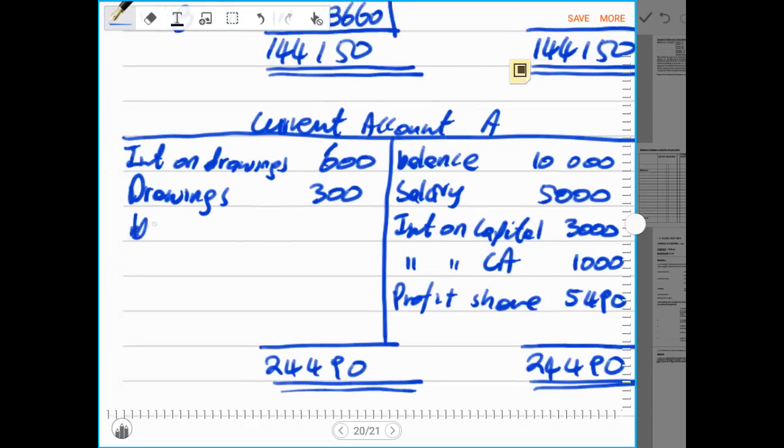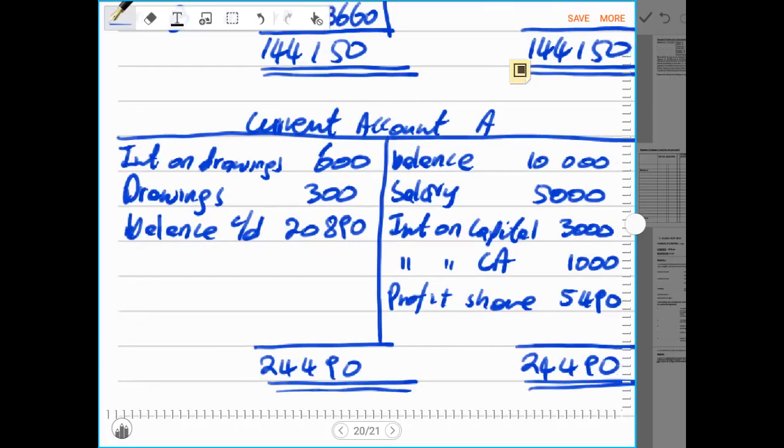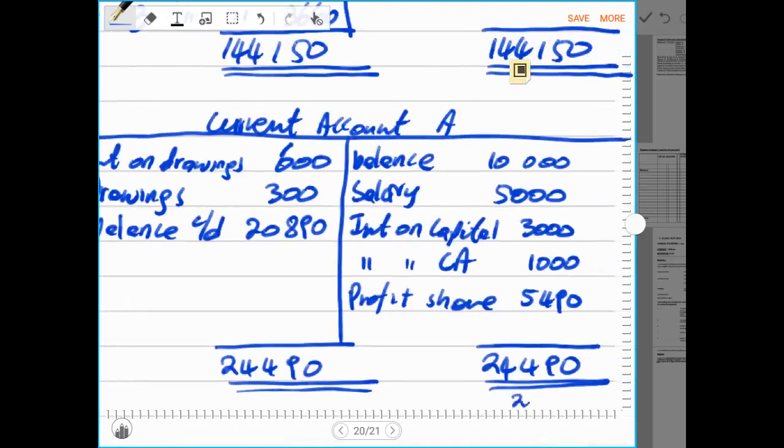Then after we have our balance, and our balance carried down will give us an amount of 20,890. That is the balance carried down, and that will be a balance brought down of 20,890 rands. That is the balance brought down.